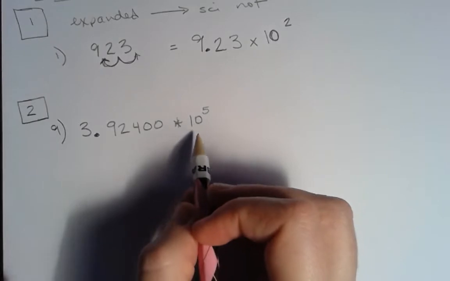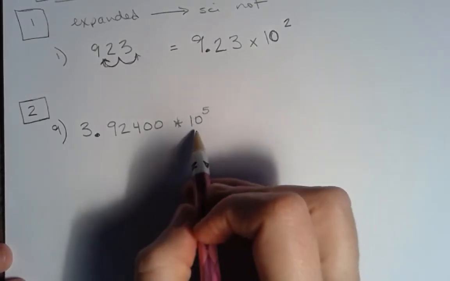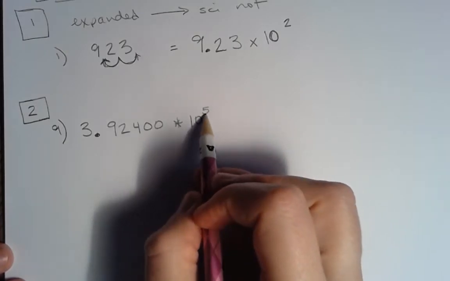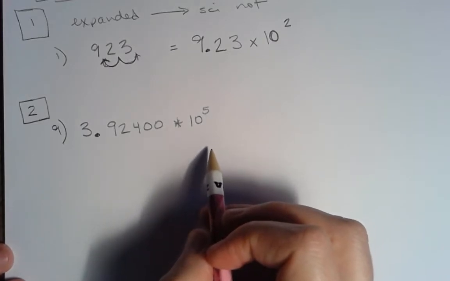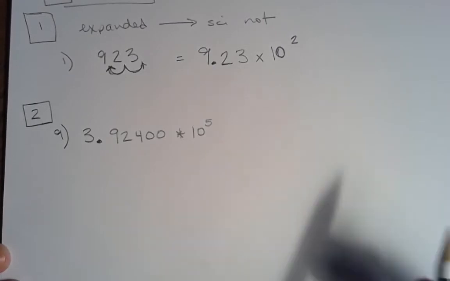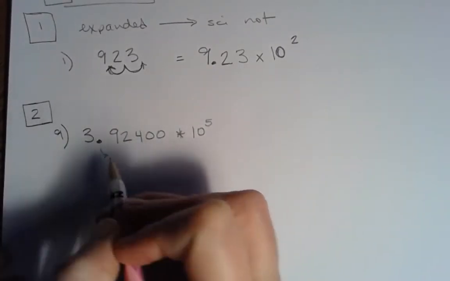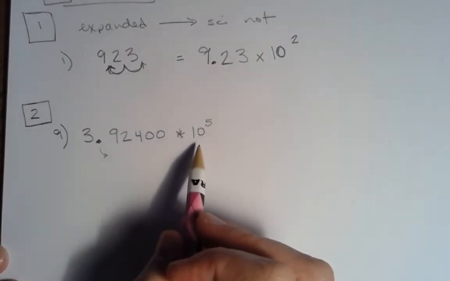We are writing this in expanded form, so we're going to pick up that decimal and move it, each place value is times 10. We're going to move it 5 place values. We've got a positive 5 there, which means this is going to be a big number. So we're going to make that number bigger, move the decimal to the right, and we want to move it 5 times.